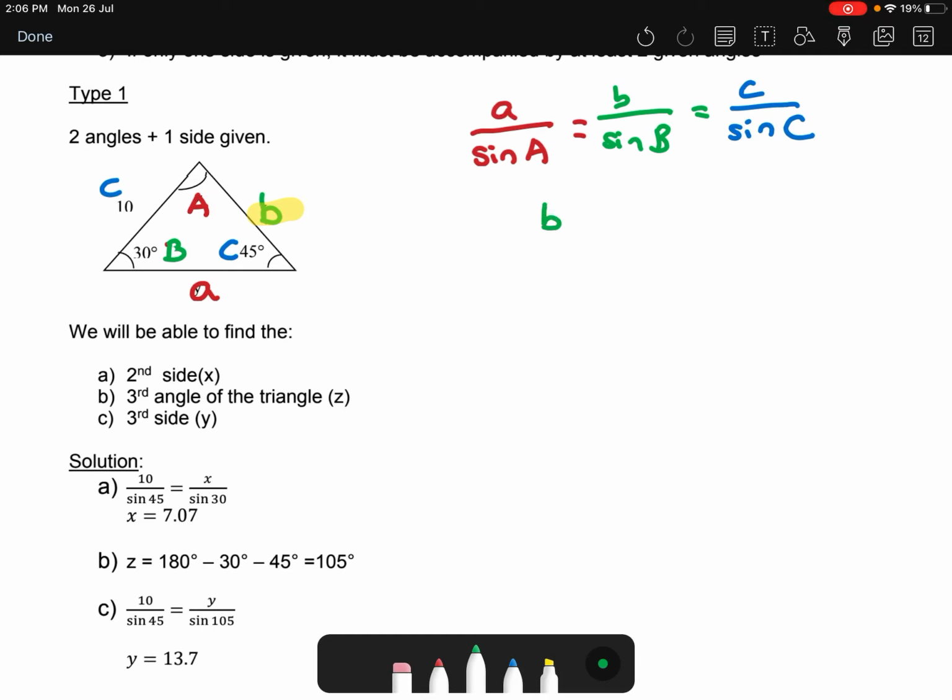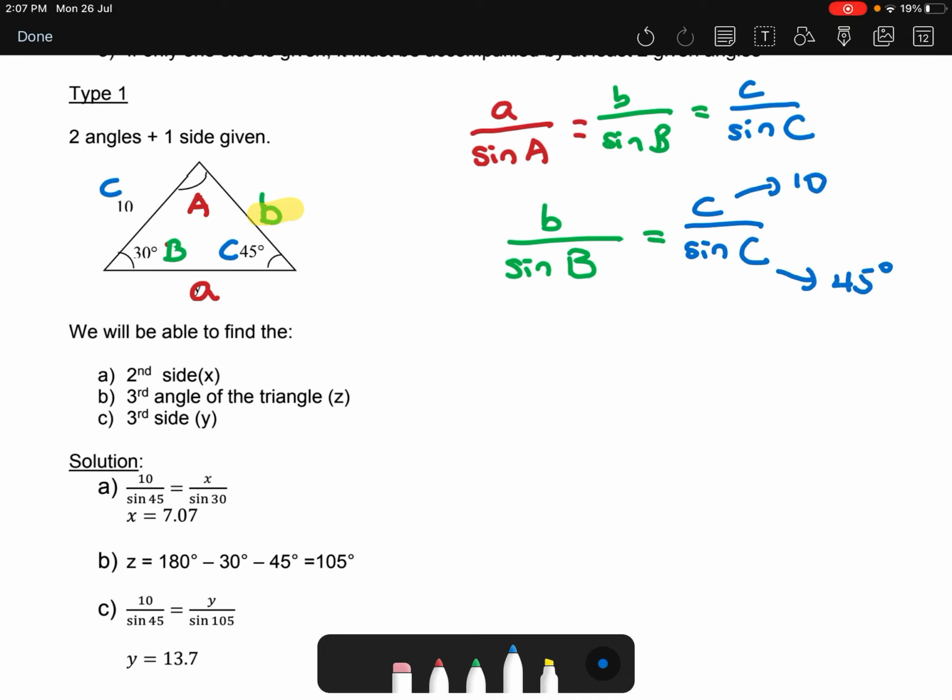So b over sine B is equal to c over sine angle C. So this c is 10 centimeter. Angle C is 45 degree. Alright, so of course my angle B is 30 degree, and you just manipulate to get your side b. So this is when we should use our sine rule.